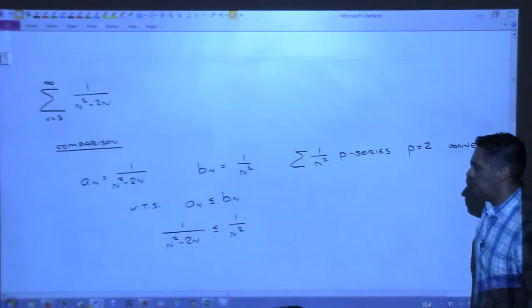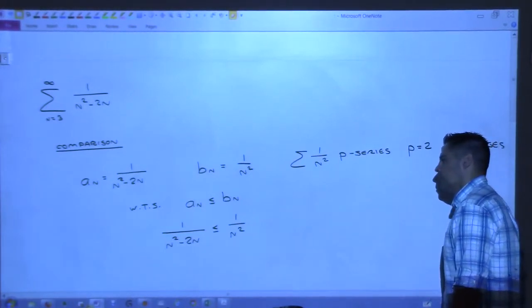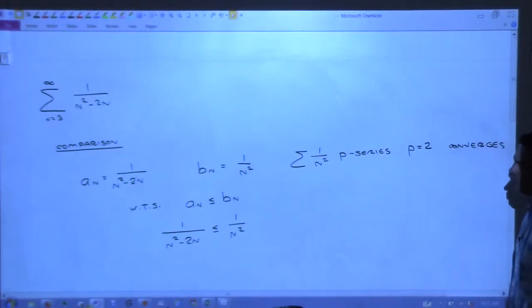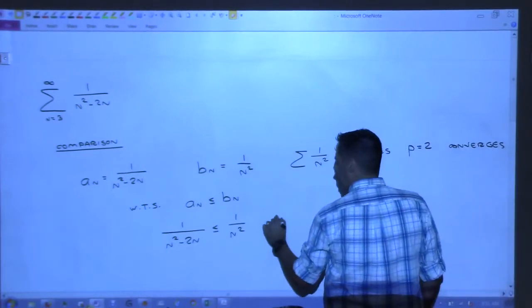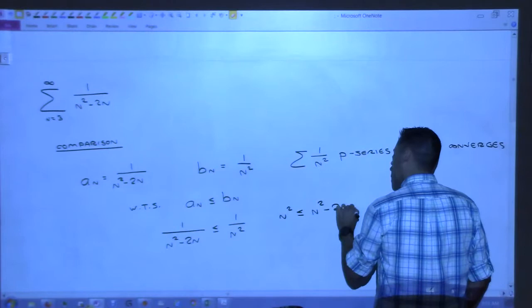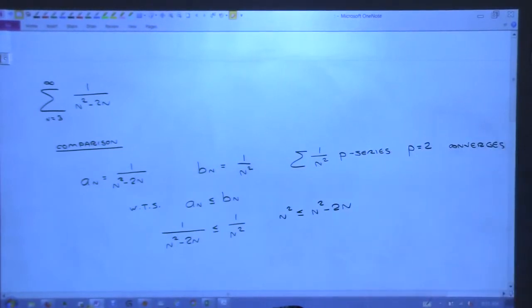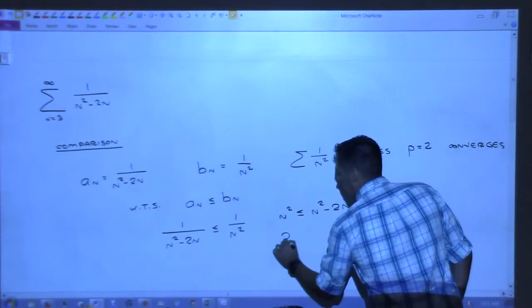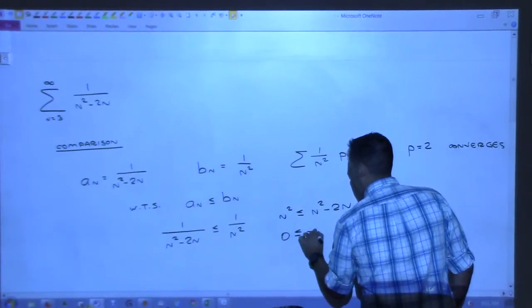Now what? Cross multiply, right? n squared less than or equal to n squared minus 2n, right? Am I going too fast, or is this okay? 0 is less than or equal to negative 2n.